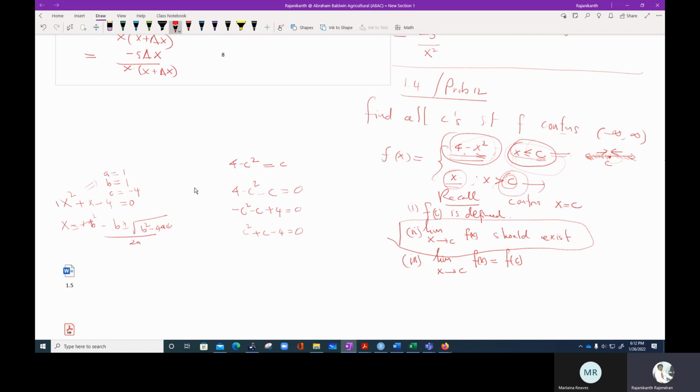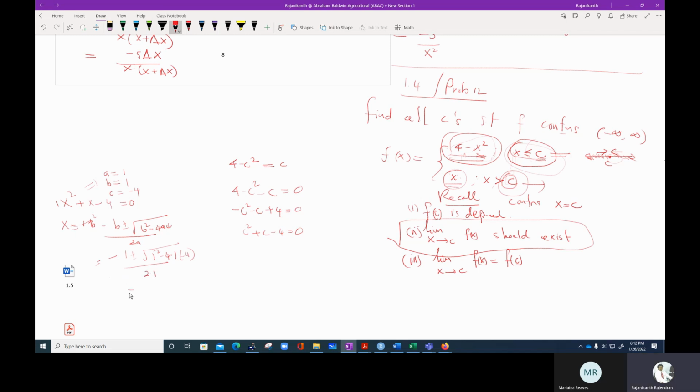Okay, so now your task is plugging those values here. So negative b is negative 1 plus or minus square root of 1 squared minus 4 times a, which is 1, times c, which is negative 4, all over 2a, which is 2.